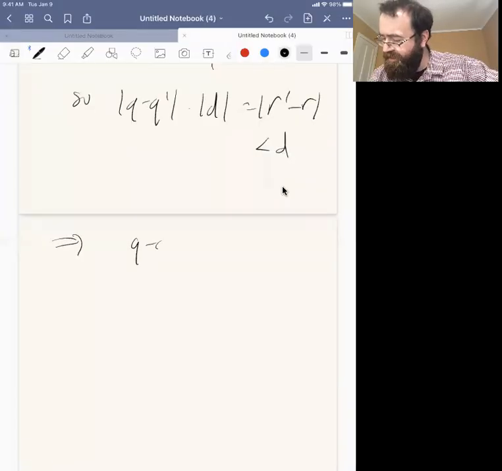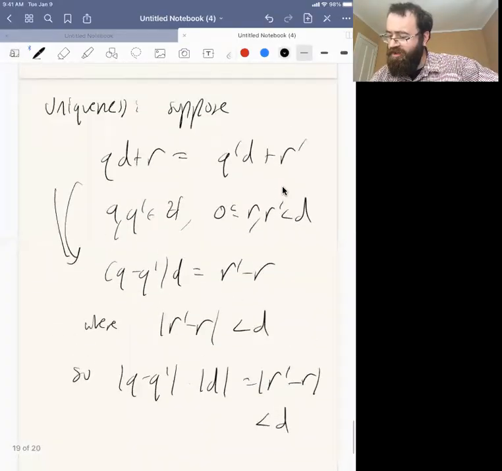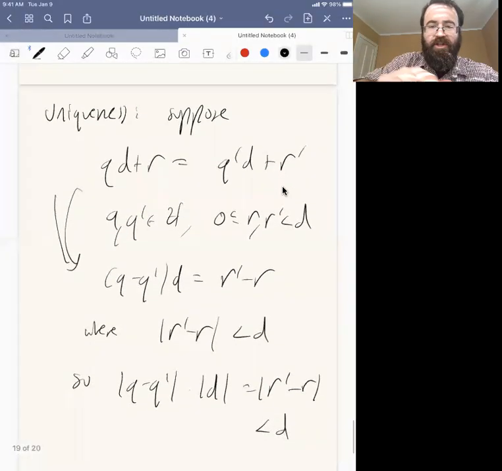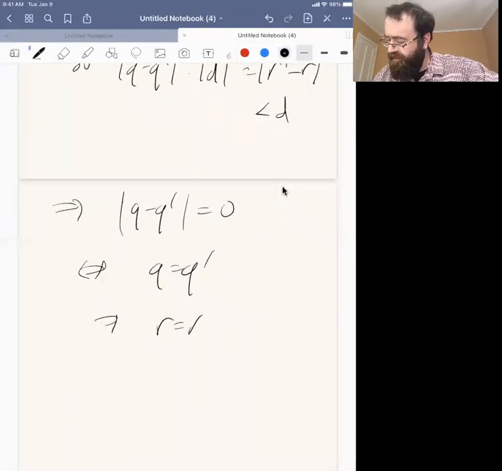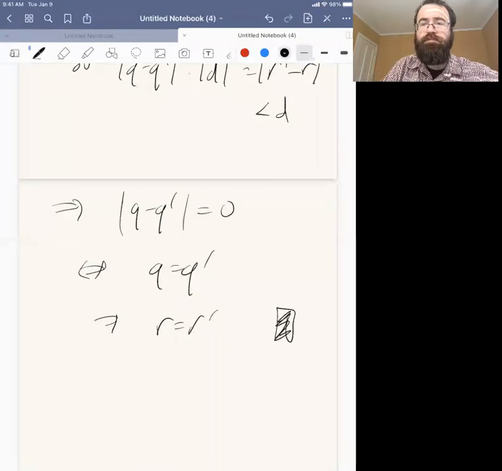This clearly implies that the absolute value of Q minus Q prime is 0, which is the same as saying that Q equals Q prime, right? And once Q equals Q prime, then if you look at the original equation, QD and Q prime D cancel, and so R equals R prime. So this immediately implies that R equals R prime, and we've got it, okay?